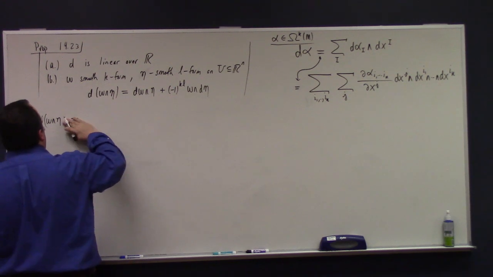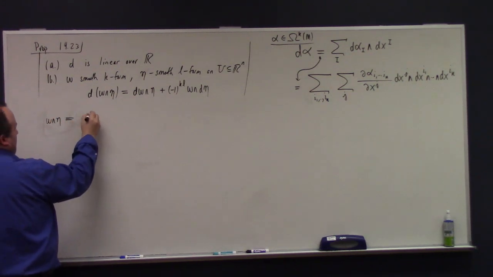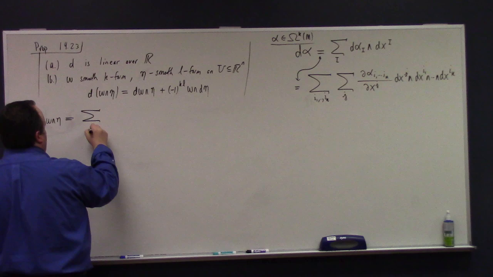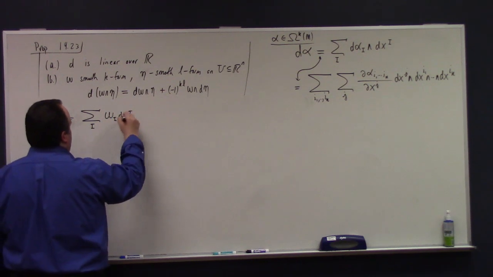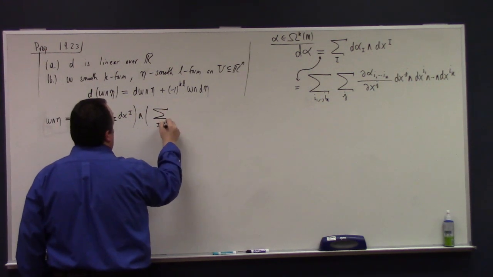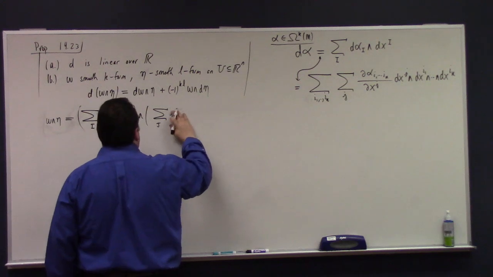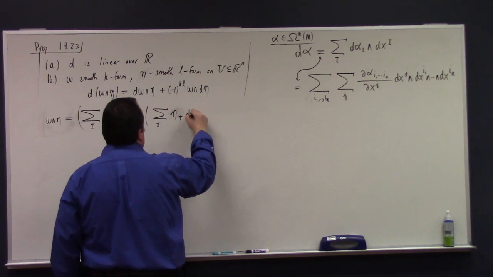So I probably should just figure out the formula for omega wedge eta to start with. Let's do that. Omega wedge eta. So we could do the sum over I of omega I dxI wedged with the sum over J of eta J dxJ, right?